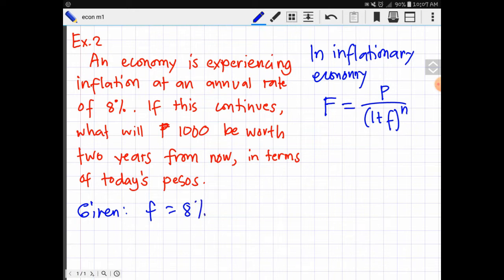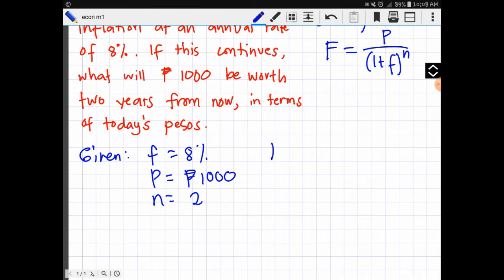If this continues, what will 1,000 be worth? So yung be worth, ibig sabihin that is our P, and hahanapin natin yung worth niya in 2 years or yung future. Okay? So yung P natin dyan, that would be 1,000 pesos. And after 2 years, so our n here is 2 in terms of today's pesos. So ang hinahanap natin dito ay yung F or find natin. That would be our F.